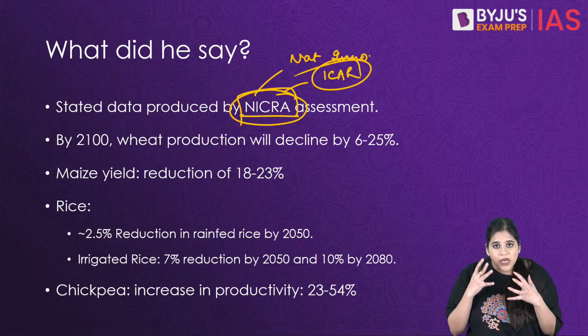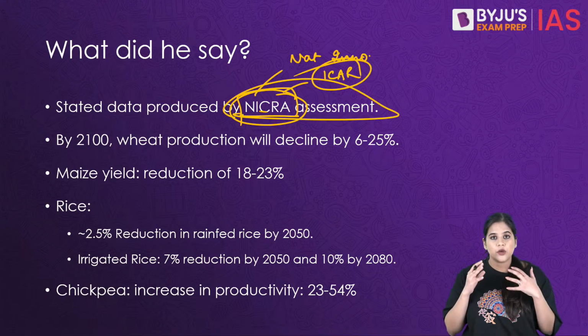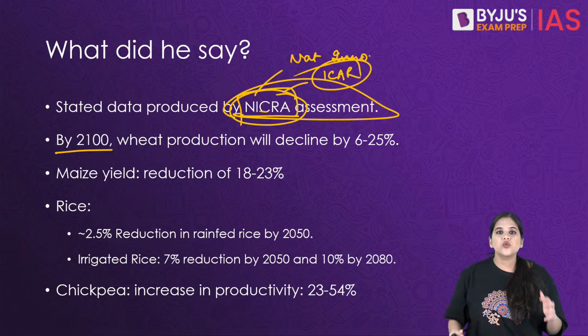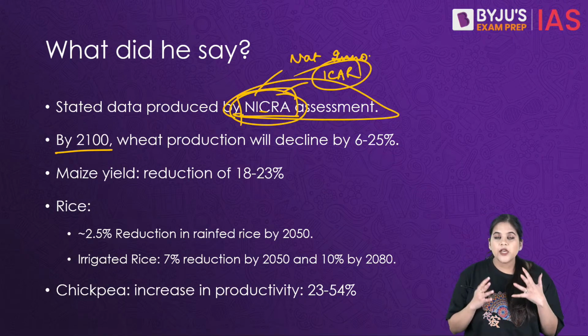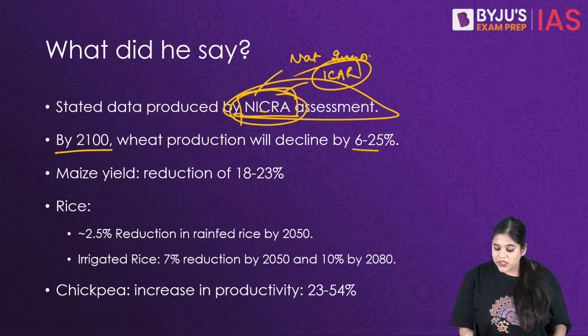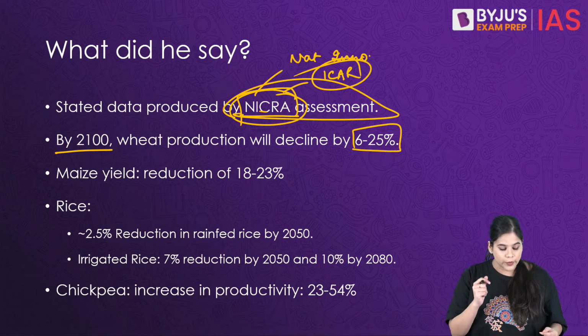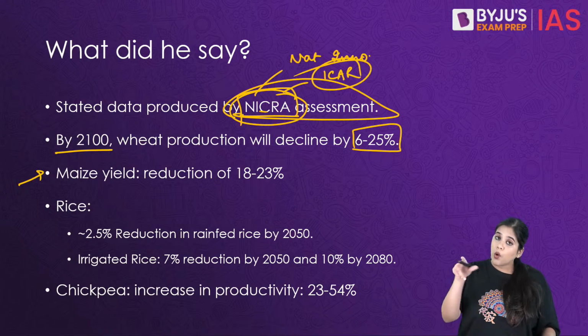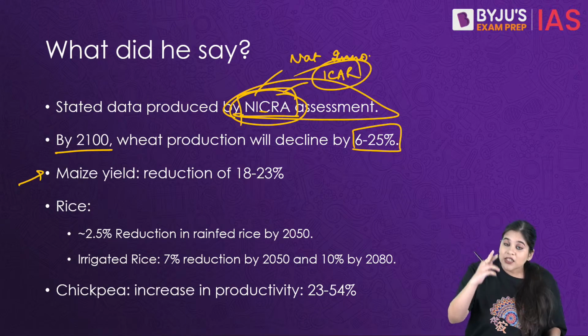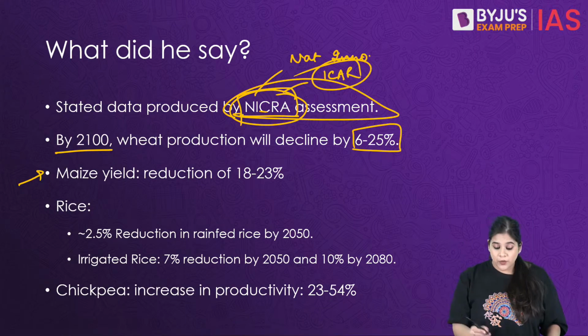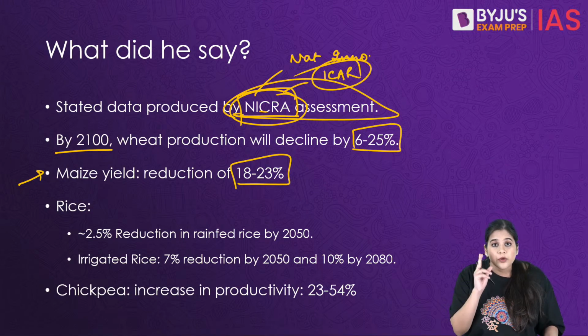So according to an assessment by this particular project, by the year 2100, the wheat production will decline by 6 to 25% depending upon the amount of global warming. The maize yield will also reduce, and drastically compared to wheat, by 18 to 23%.